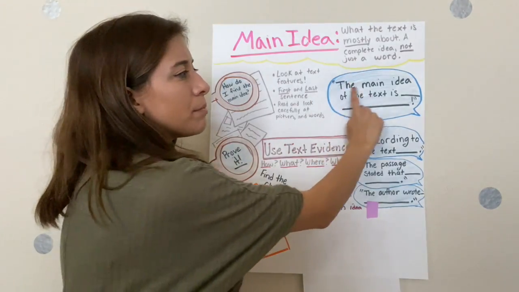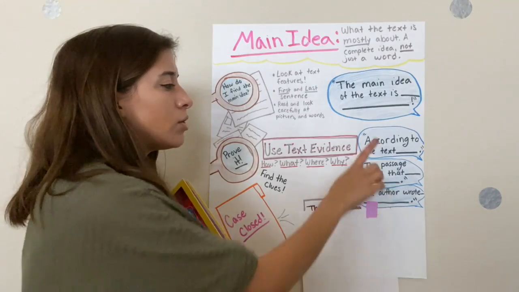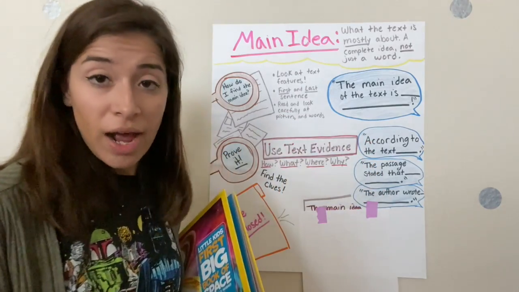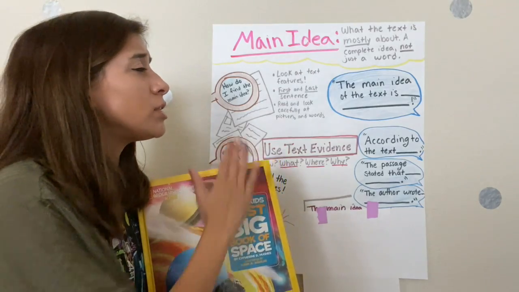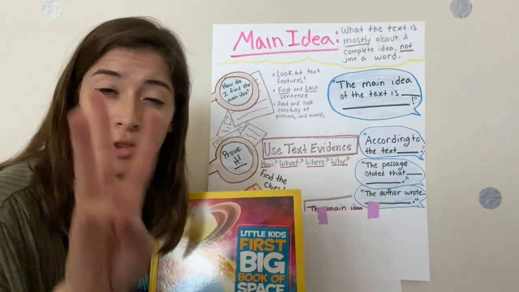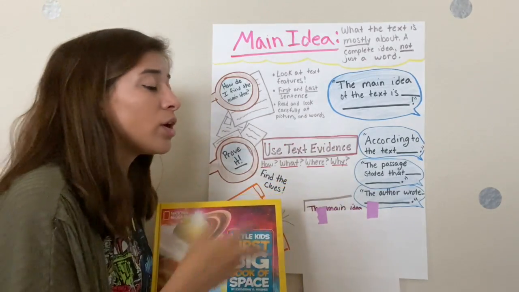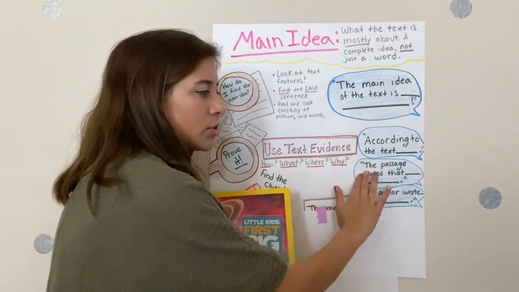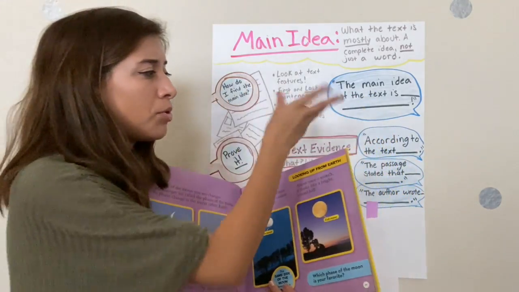So we already said the main idea of the text is phases of the moon. Next, we need to present our evidence. When you're reading a book and you're asked to find evidence for the main idea, you want at least 2 or 3 pieces to prove your point, why you think that is. So in order to do that, we also have some sentence starters here. I'm going to choose one and pull some evidence and put it in.